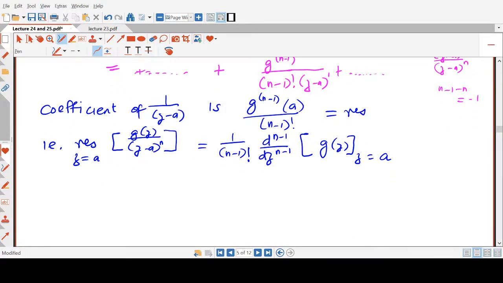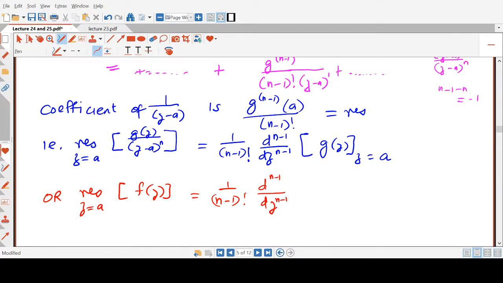Or you can say the residue of f of z at z equals a is 1 over n minus 1 factorial, d^(n minus 1) over dz^(n minus 1) of z minus a to the power n times f of z, at z equals a.